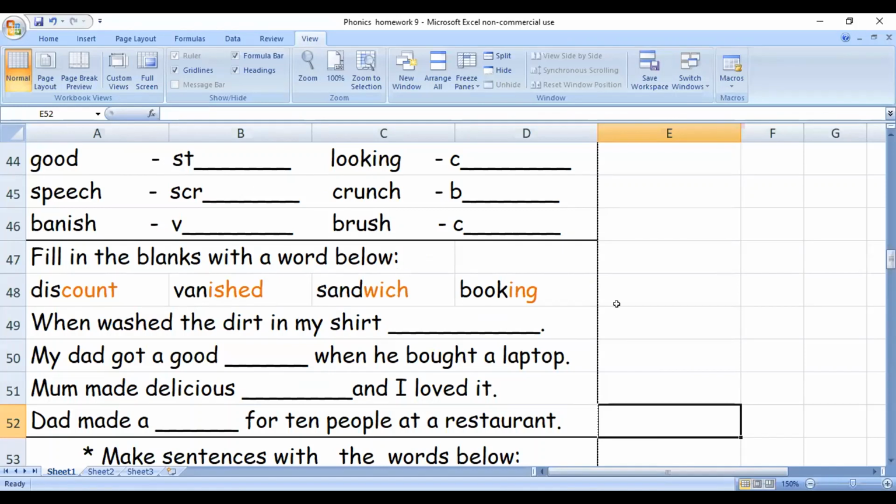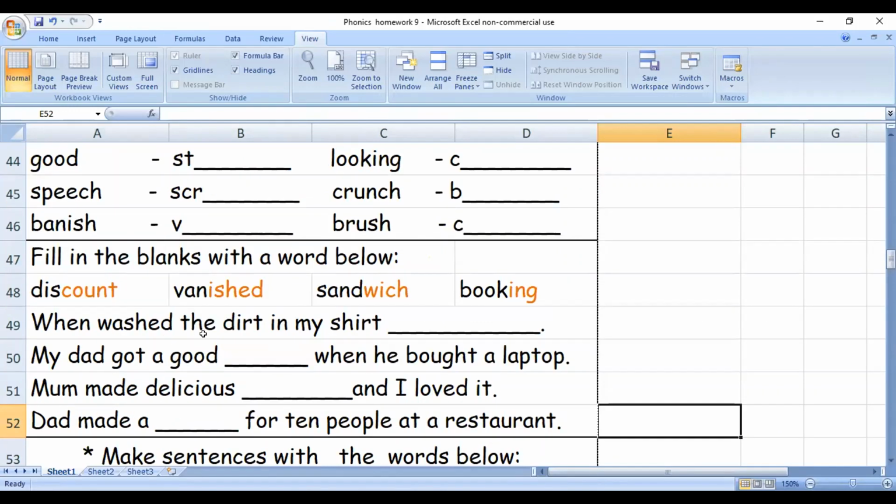The next one is booking. Booking. You make a booking to go somewhere. Maybe you book the ticket, you can book at a restaurant, you can do anything. So the first word is discount. The next one is vanished. The next one is sandwich. And the last one is booking.